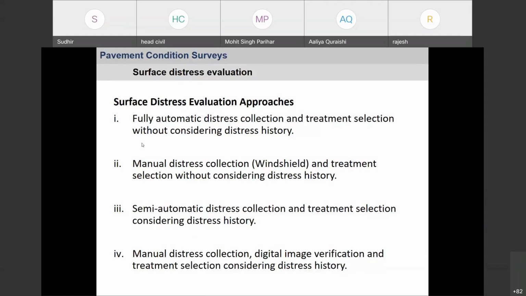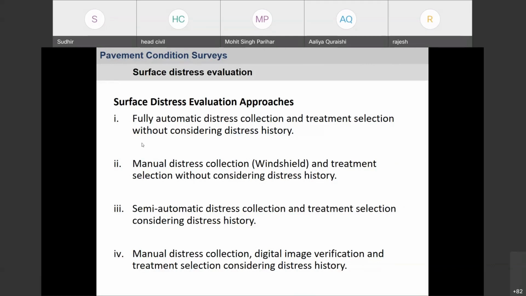Okay, so what do you understand here by considering distress history? It means that you have collected the distress information in year 2021. You have also collected distress information for your pavement in maybe some other year, 2019.